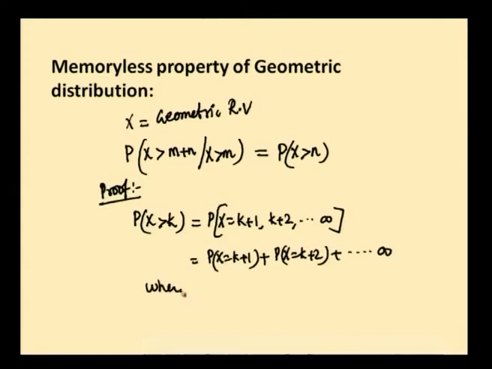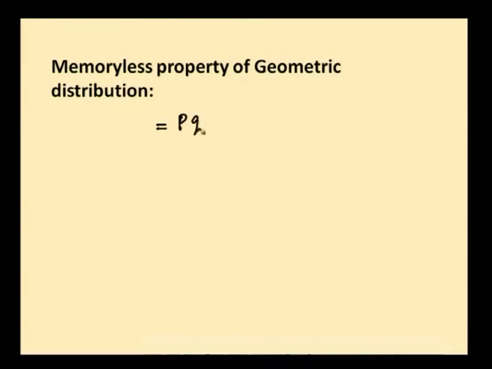What is P of x is equal to x? In general, P of x is equal to x is q power x minus 1 into p, where you have to substitute k plus 1, k plus 2, etc. So, this is equal to p q power k plus 1 minus 1 plus p into q power k plus 2 minus 1 plus etc.